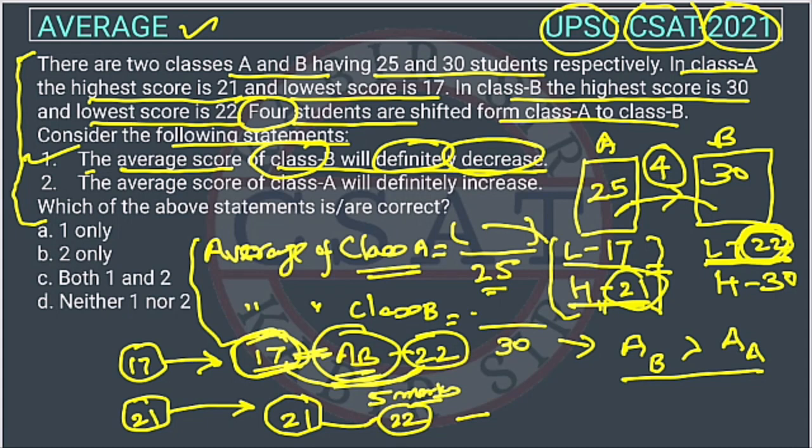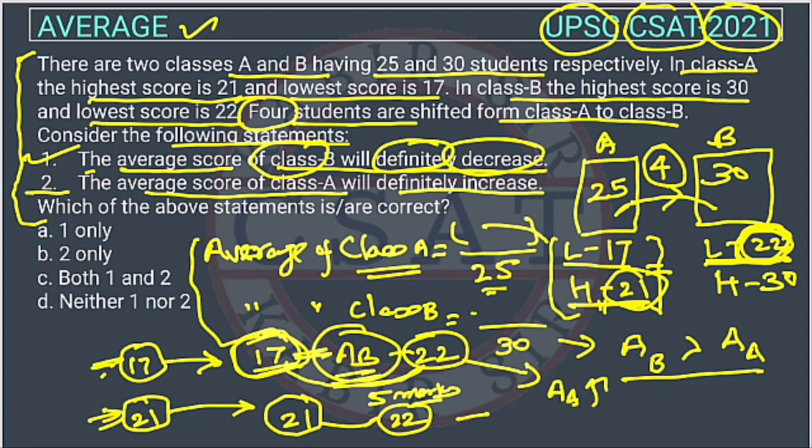Now, what's the second conclusion? The average score of class A will definitely increase. Now he is asking what will happen with the class A average, right? So in the class A average, what will happen? It will increase or decrease. If we are shifting the minimum marks students, then the average of class A will increase, right?